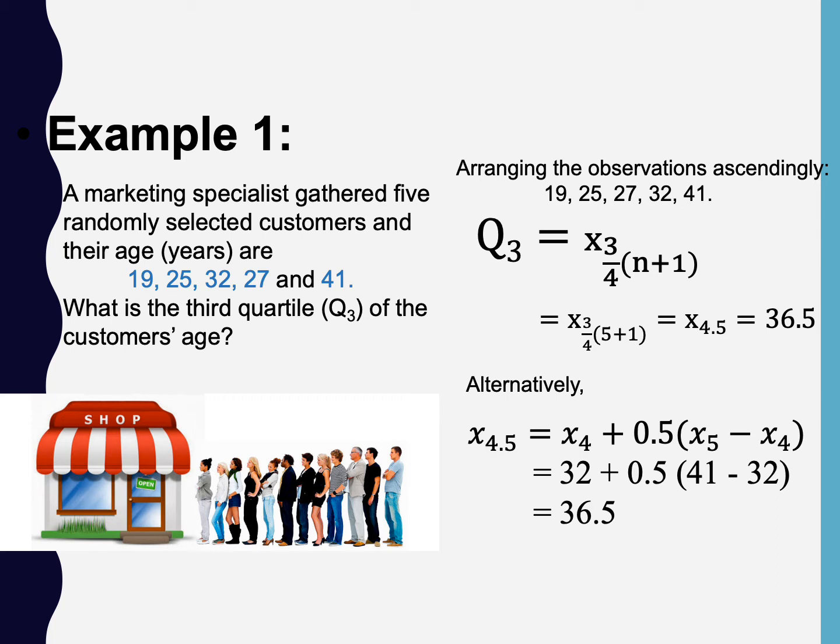So that is x sub 4, the fourth position, which is 32, plus the decimal part, which in this case is 0.5, multiplied by the difference between the fifth and the fourth position, because that is where the quartile 3 is located. So solving for the third quartile or x sub 4.5, that will give you also 36.5.